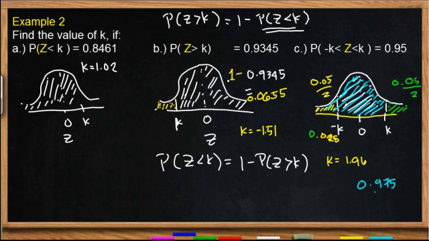So dari common sense kay makita nato nga dapat ang atong z is mas gamay pa sa 0, kay kung z is greater than 0, di ba z center kay 0 man, z is greater than 0, 0.5 man, dapat left pa gamay kay 0.9345 man.